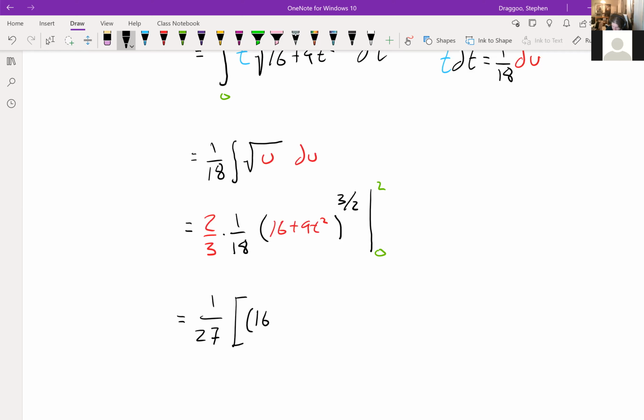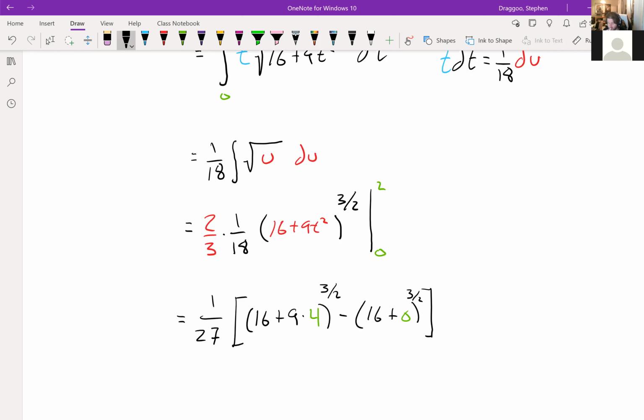Let's just call that 16 plus 9 times 4 minus 16 plus 0. That one's easier to do. Don't forget that these things are all still to the 3/2 power. So we'll add that thing back in.